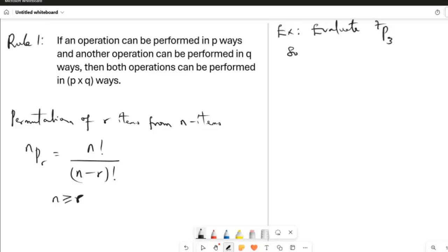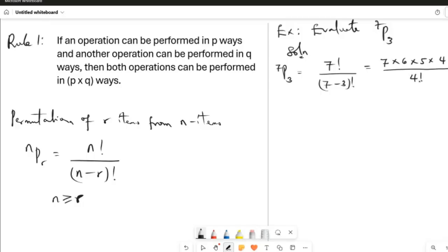If you want to solve this, of course, I don't expect this in theory. So 7 permutation 3 here is going to be 7 factorial divided by 7 minus 3 factorial. I'm applying the formula directly. Do you get? And what's 7 factorial? You know 7 minus 3 is 4, so I'm going to reduce 7 until I reach 4. So that's 7 times 6 times 5 times 4 factorial divided by 4 factorial.